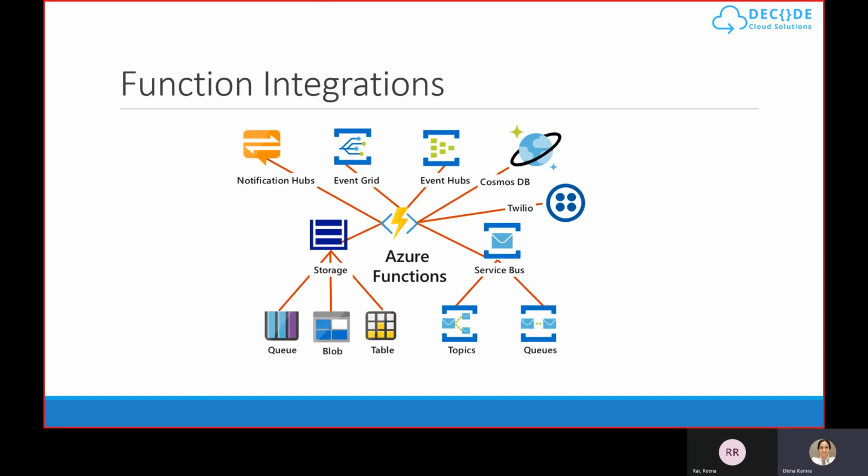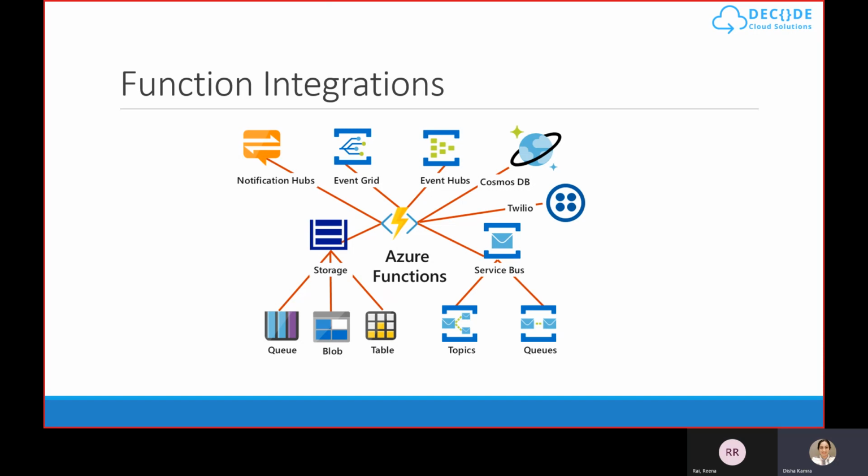Okay, so next, what we mean by function integration, because it is really very important to understand the entire architecture. Azure Function integrates with various Azure and even third-party services. These services can trigger your function and start execution, or they can serve as an input and output for your code.